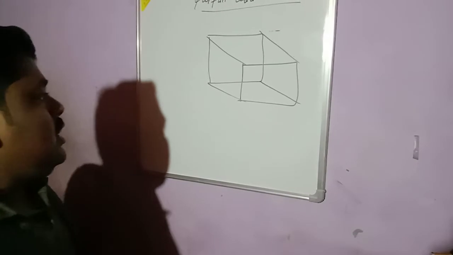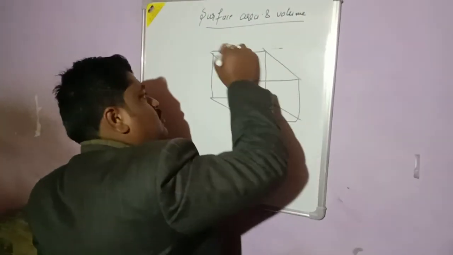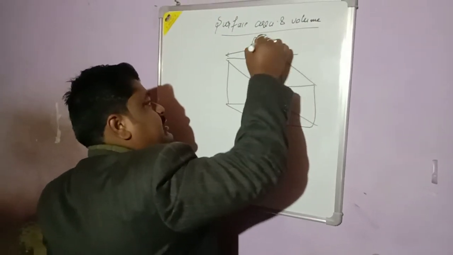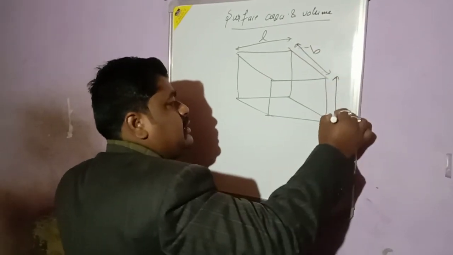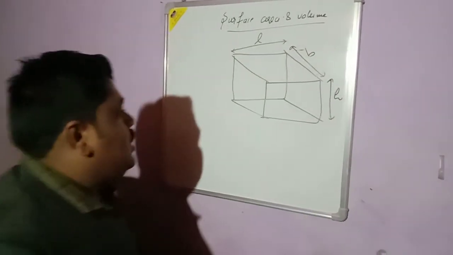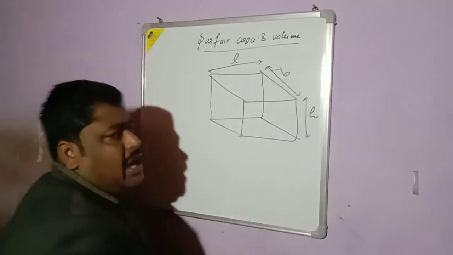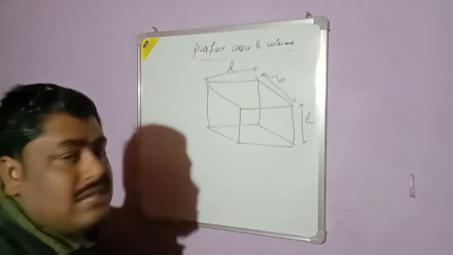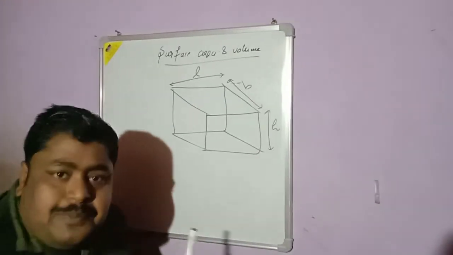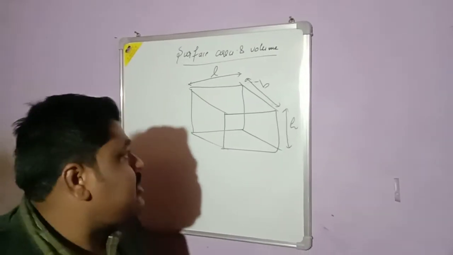Here this is its length, here this is its breadth, here this is its height. Now we already know that there are 6 faces. Each face is a rectangular face.